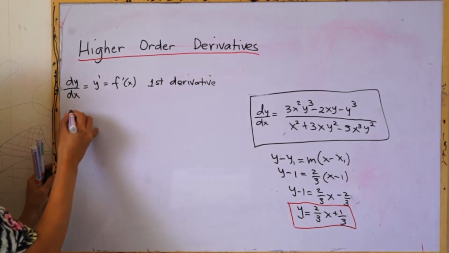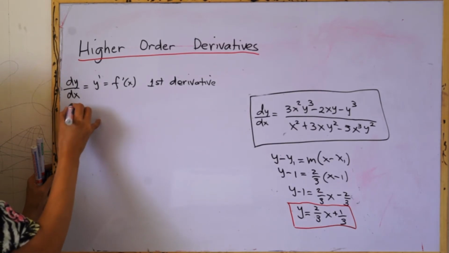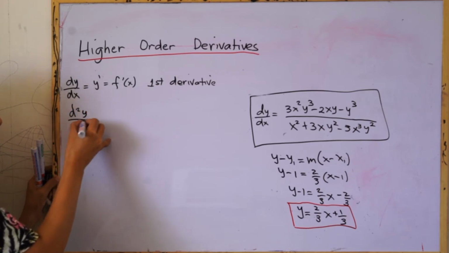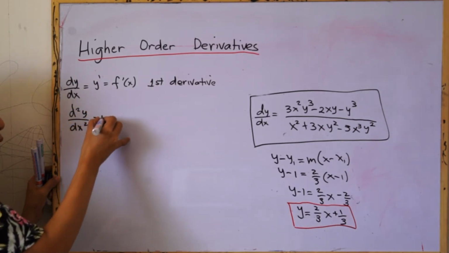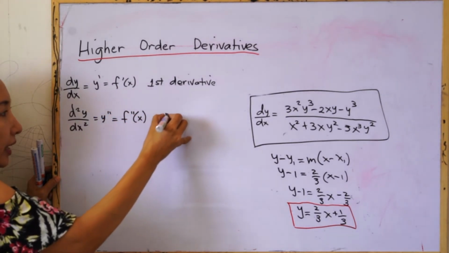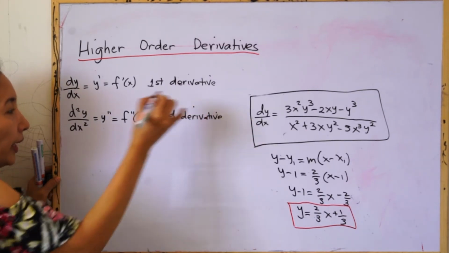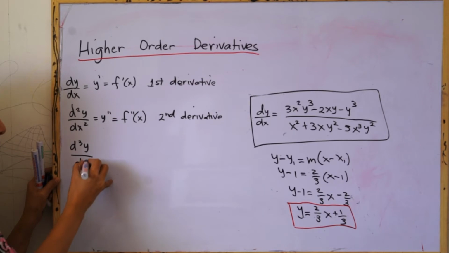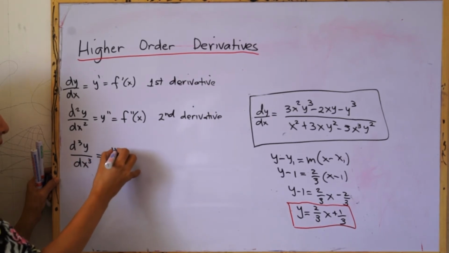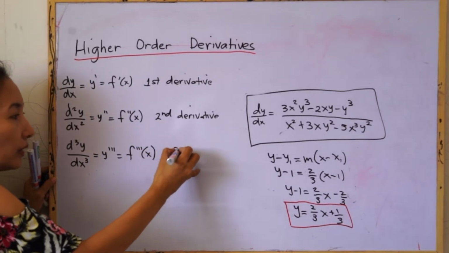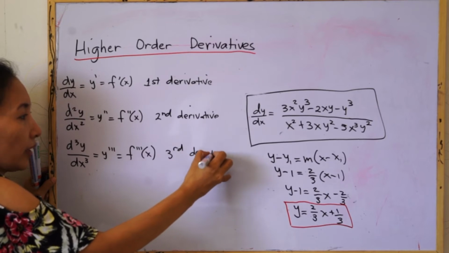For the second derivative, we put the superscript 2 after d with respect to x, so y double prime or f double prime of x. This is your second derivative. The third derivative, d cubed y over dx cubed, is equal to y triple prime or f triple prime of x. And so on.